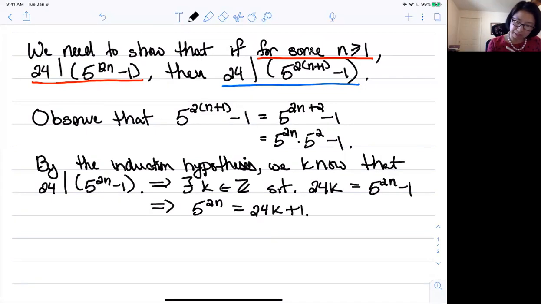So now let's see if we can use that in the expression that we get right here.